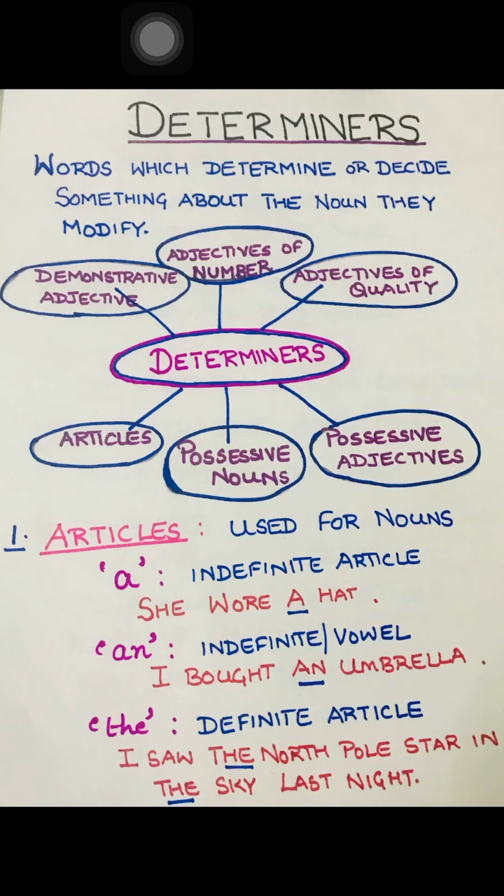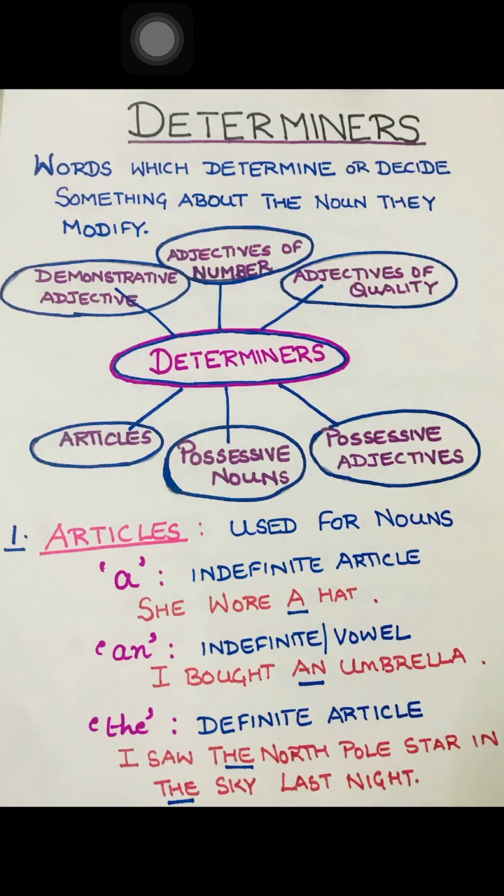So, broadly speaking, we can classify determiners into articles, possessive nouns, possessive adjectives, adjectives of quality, adjectives of number, and demonstrative adjectives. That means we have 6 different kinds of determiners, and we will be discussing all of them one by one.